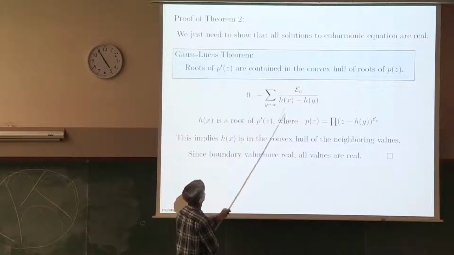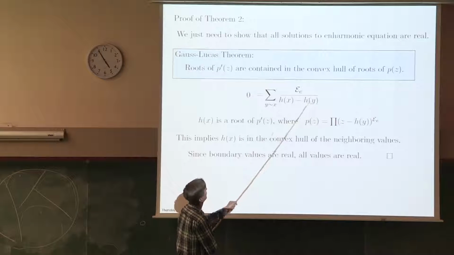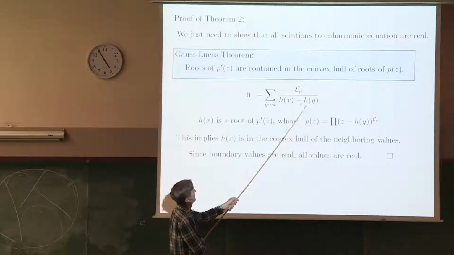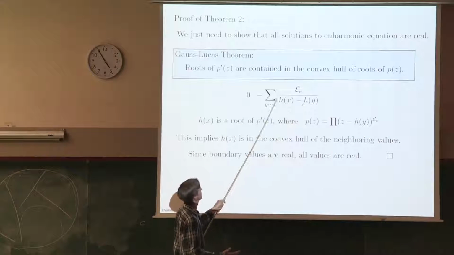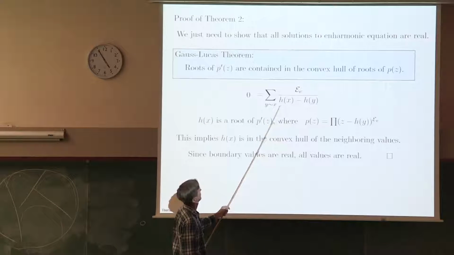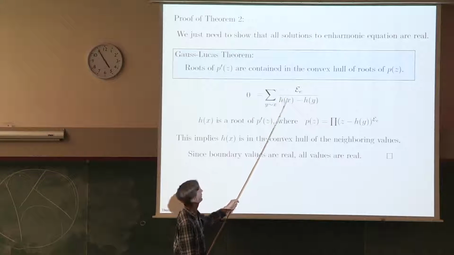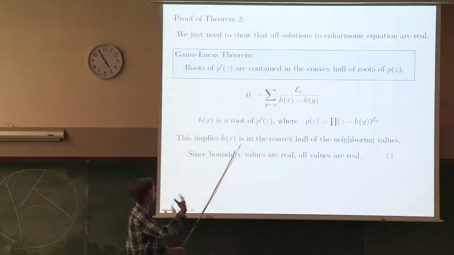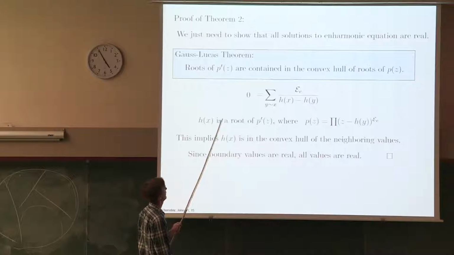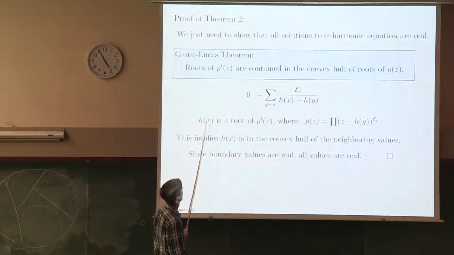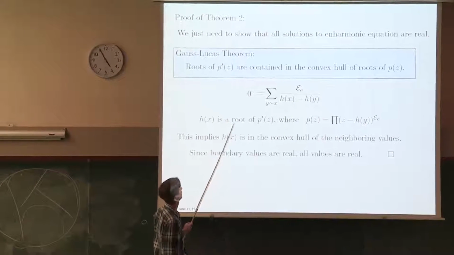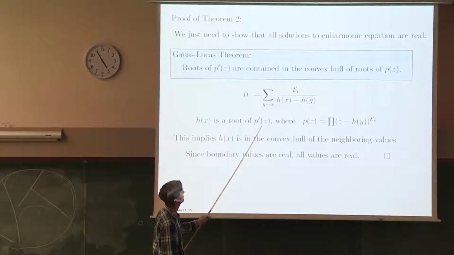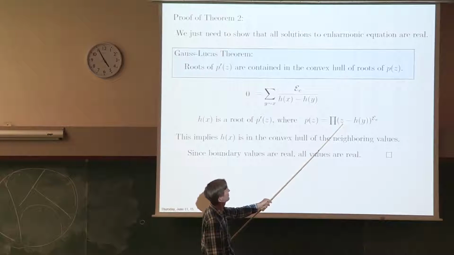When I solve this equation, it's a system of equations, one for each x. So let's just look at one of the equations and think of h(x) as our variable, while the h(y)'s are fixed. If I fix all the values of h, our harmonic function, at all the other vertices, then h(x) is going to be a root of p prime, where p is this polynomial here.